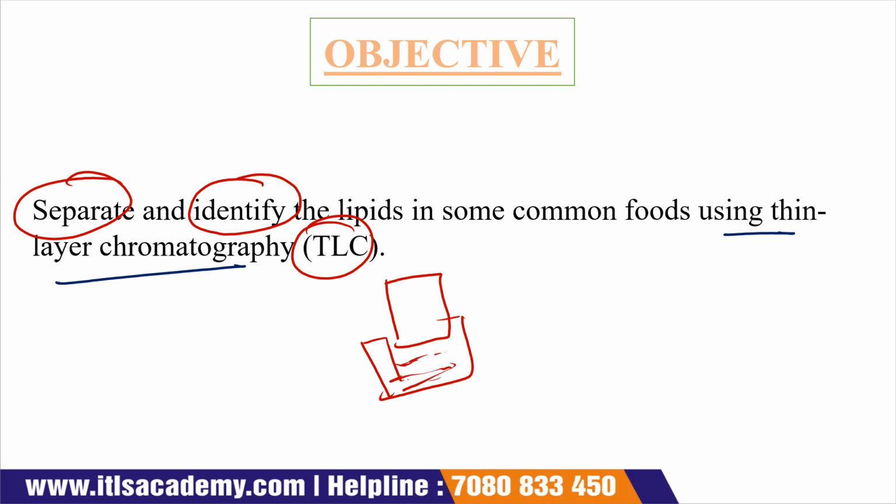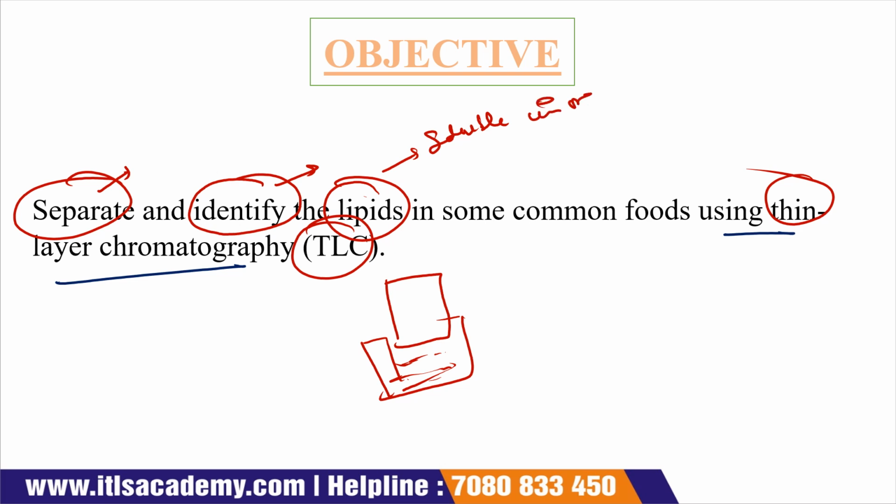So what should we do? First of all, we have to separate the lipids, and after separation, we have to identify them by using thin layer chromatography. When we separate the lipids, meaning fats, these fats are soluble in organic solvent.